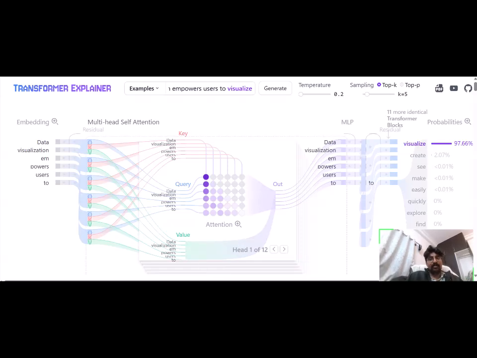This transformer block has multiple steps. In the first step, the input is passed into three matrices called key, query, and values. This block is called an attention head. Based on the model type, for example, GPT-2 has 12 attention heads.